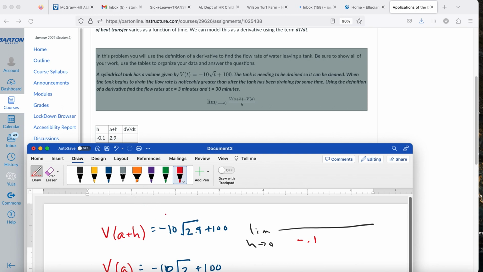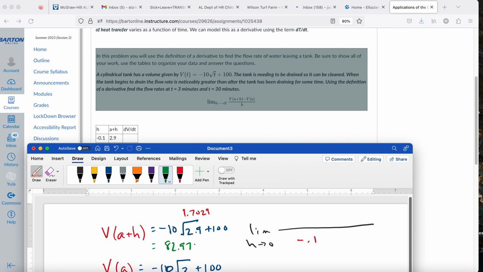So I'm going to take my calculator, which I'm using on my phone, and take the square root of 2.9, which I get to be 1.70293. I multiply that by negative 10, and then subtract that number from 100. The value I get for V of a plus h here is 82.97.